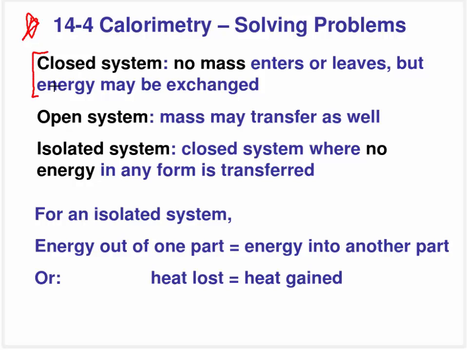We can have closed systems where we're going to have no mass entering or leaving, but energy may be exchanged. So you can kind of think of something that's in thermal contact with one another, exchanging energy but not exchanging mass. We can talk about an open system where mass is going to be transferred between two objects. Very tough.